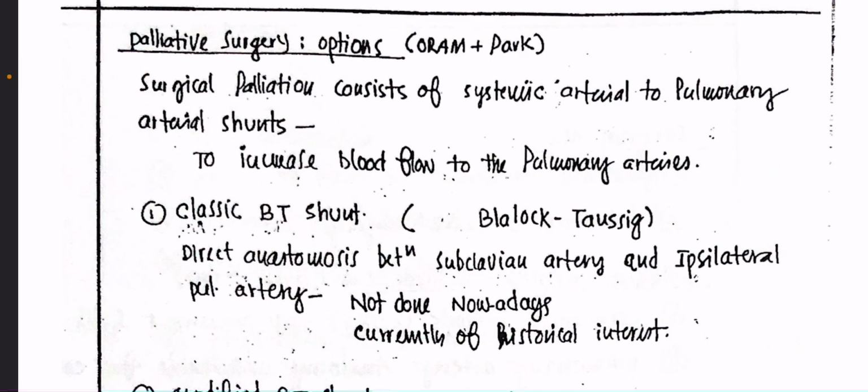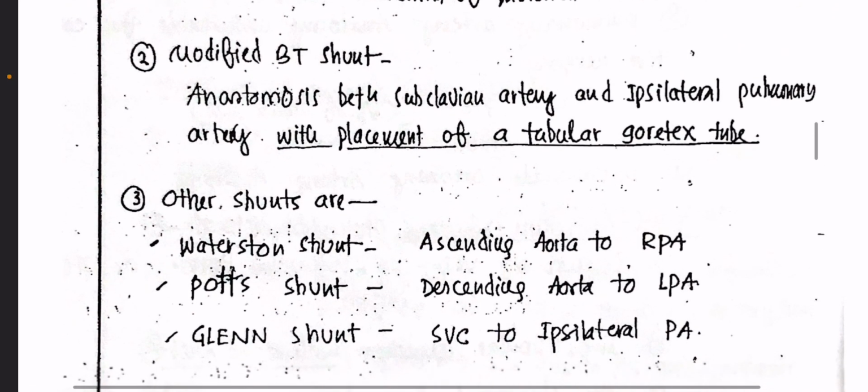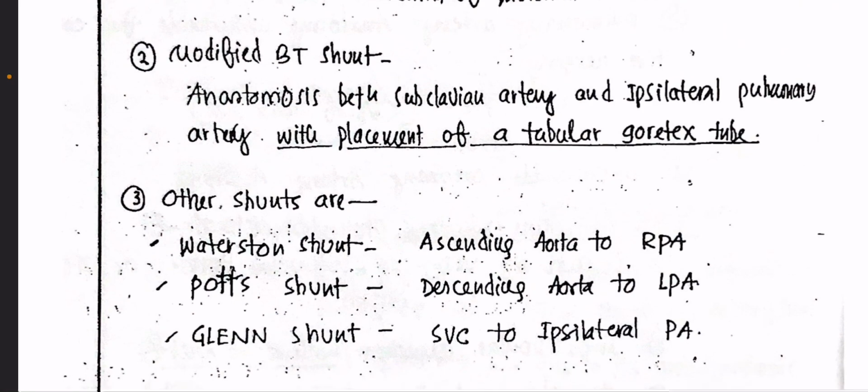It is not done nowadays, of historical interest only. Modified BT shunt is done by anastomosis between the subclavian artery and ipsilateral pulmonary artery with placement of a tubular Gore-Tex tube.